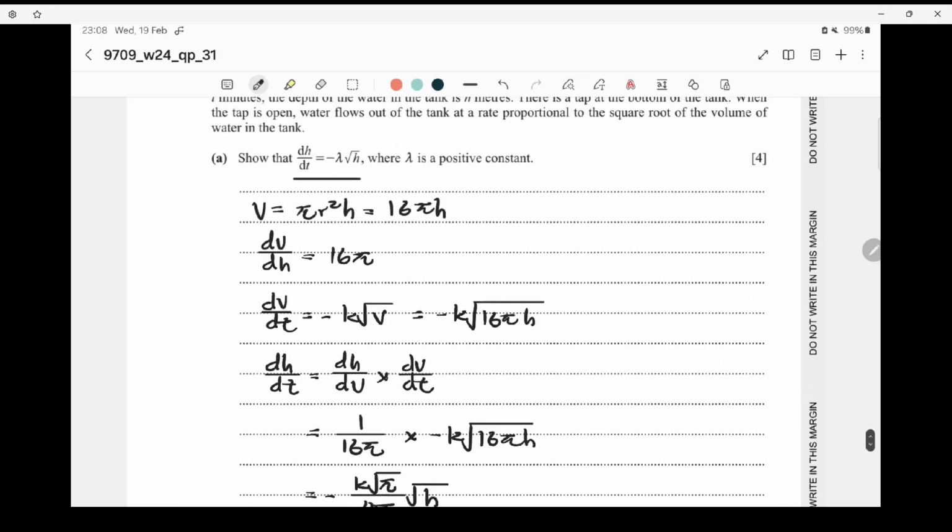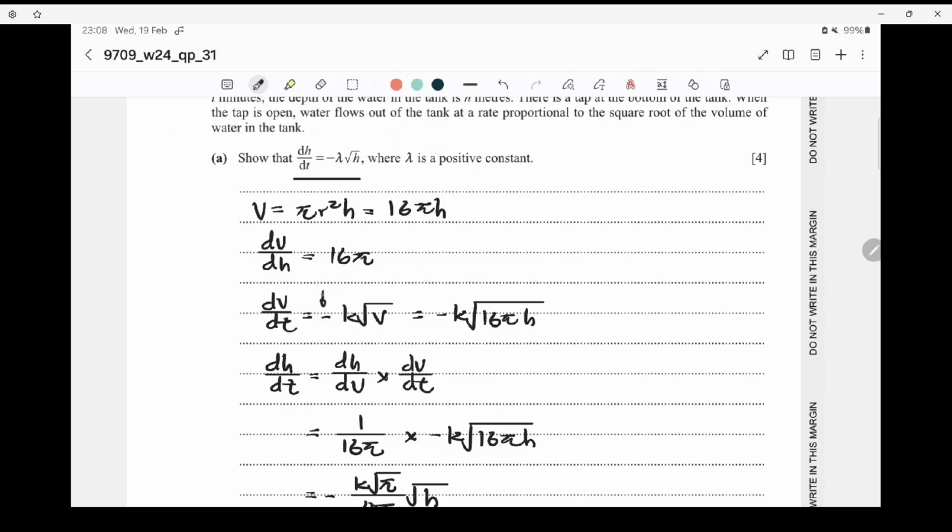Initially I already assumed that your k is positive. Why does k have to be positive? The constant of proportionality has to be positive, because I already assume that the water flows out of the tank, so the rate has to be negative.